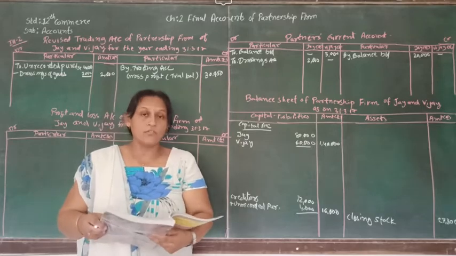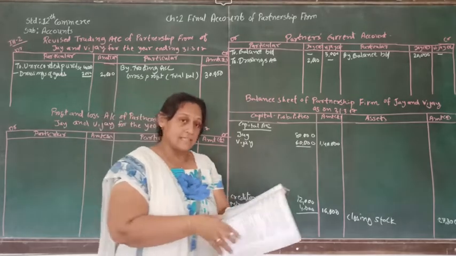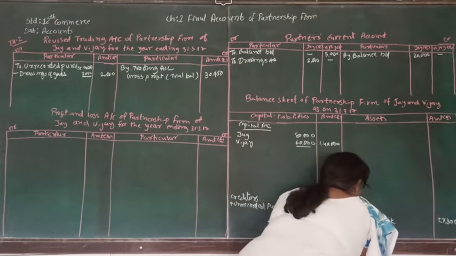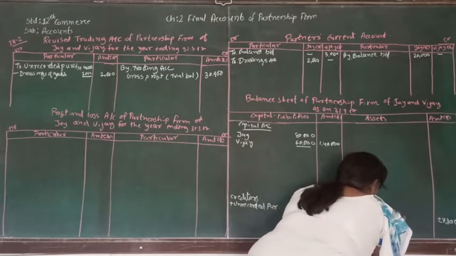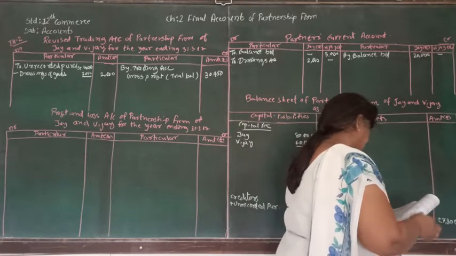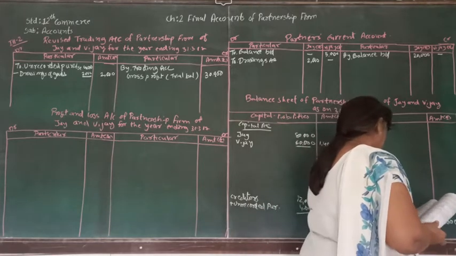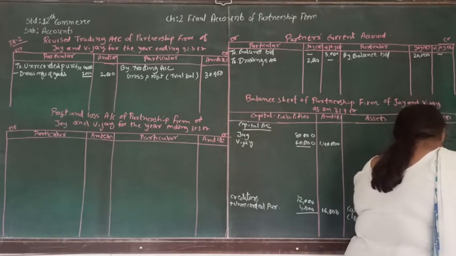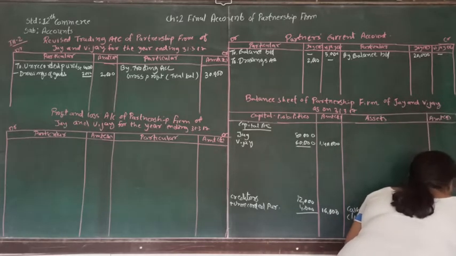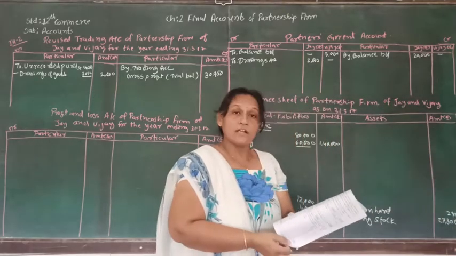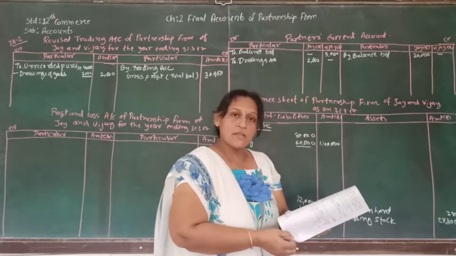After the trading account, the other account is cash on hand. We write cash on hand, and the cash balance given to us is 280 rupees. After that, the other accounts are current account with bank and fixed deposit with bank.